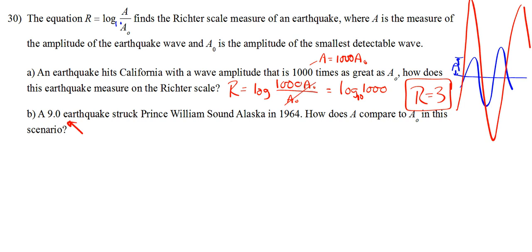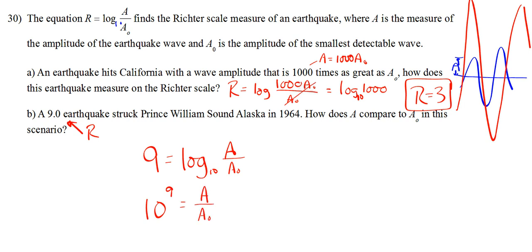So 9.0, that's an R of 9. So 9 equals log, I'll put the base 10, of A over A naught. So that means 10 to the 9th power is A over A naught.